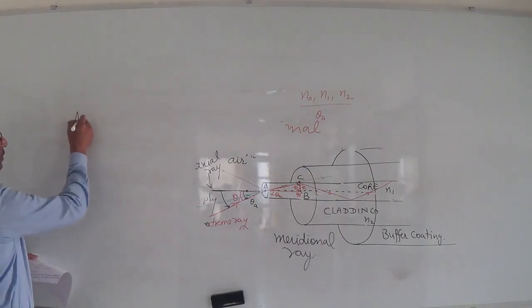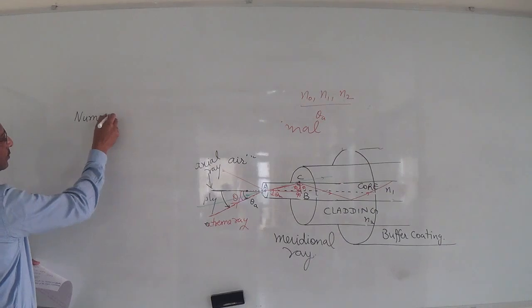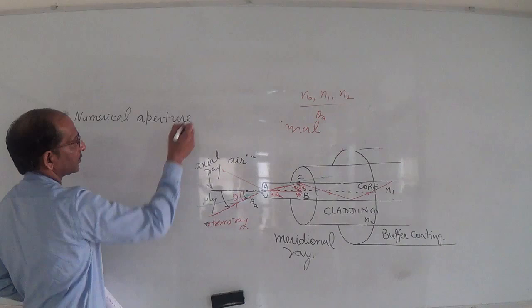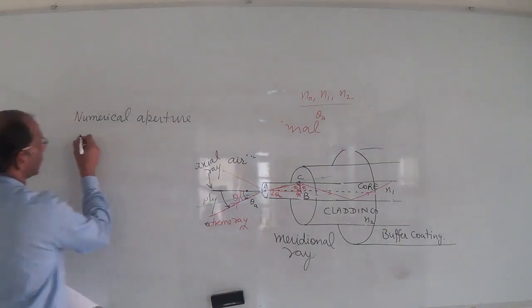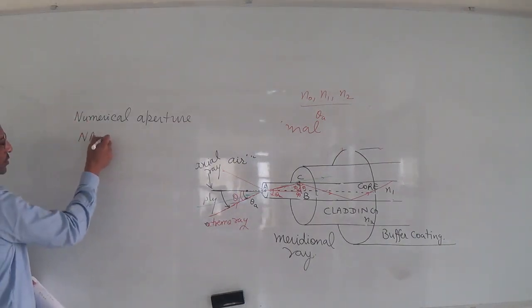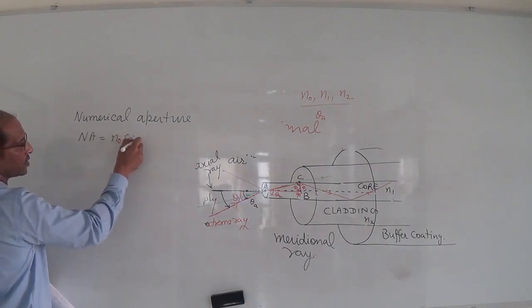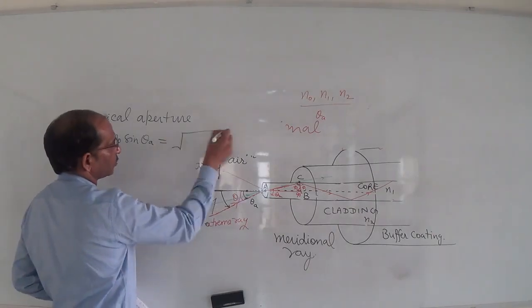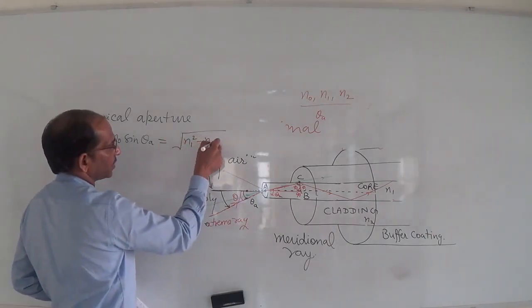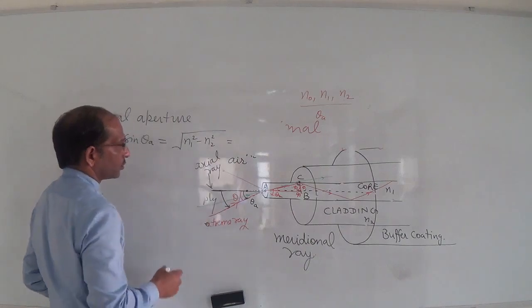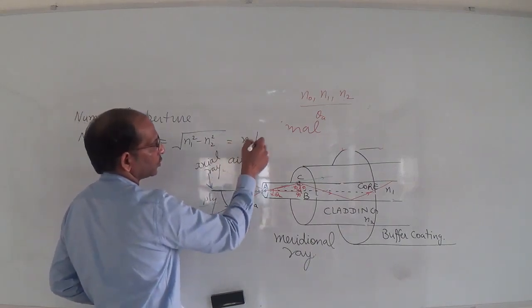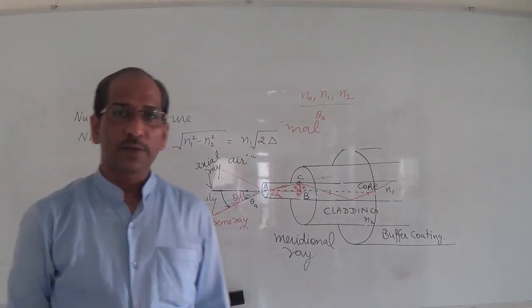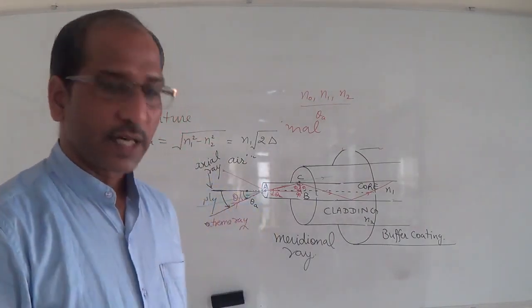So numerical aperture, NA, is equal to n naught sin theta A, is equal to square root of n1 square minus n2 square, is equal to n1 square root 2 delta, where delta is the fractional refractive index.